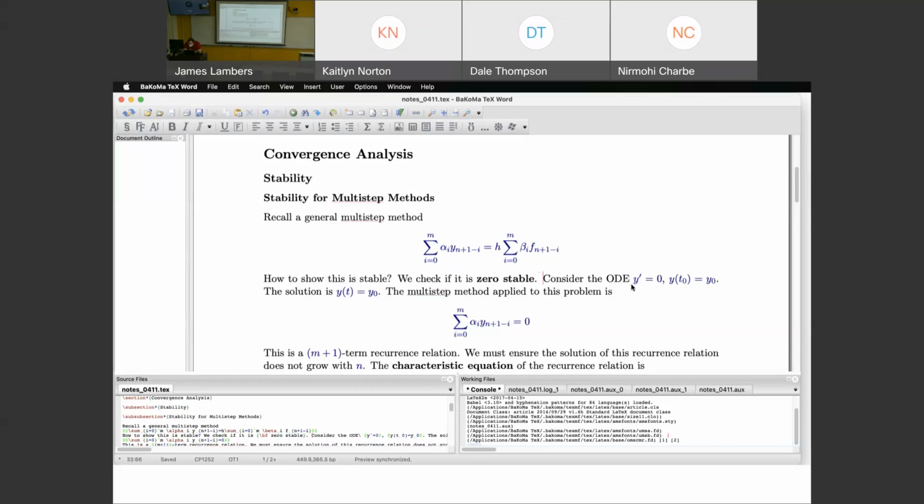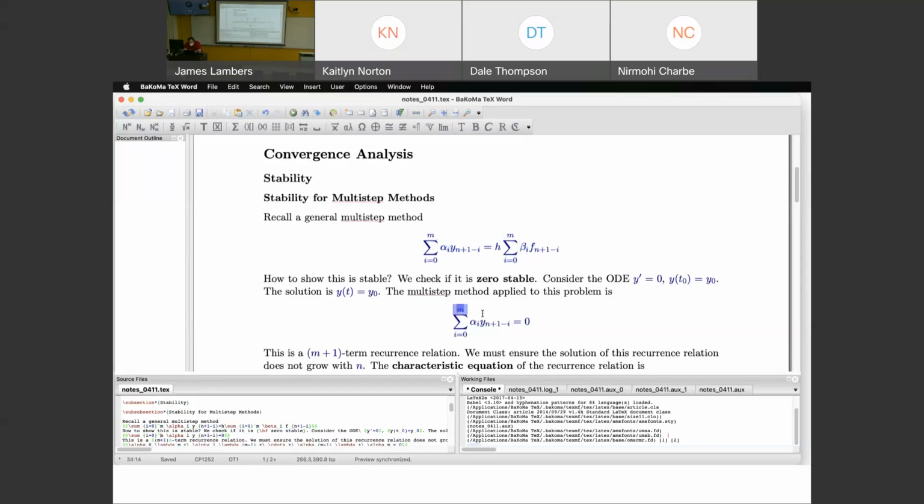This relates to the simplest ODE of all, y prime equals 0. So, of course, the solution is a constant. It's just equal to the initial value. When you apply this multi-step method to this ODE, it reduces to this, because the whole right-hand side deals with a function f, and f in this case is 0.